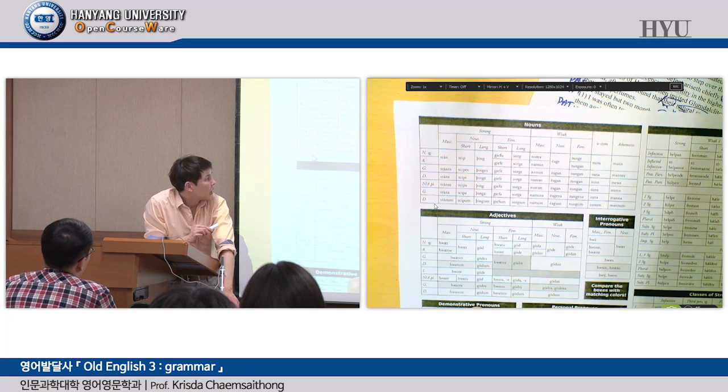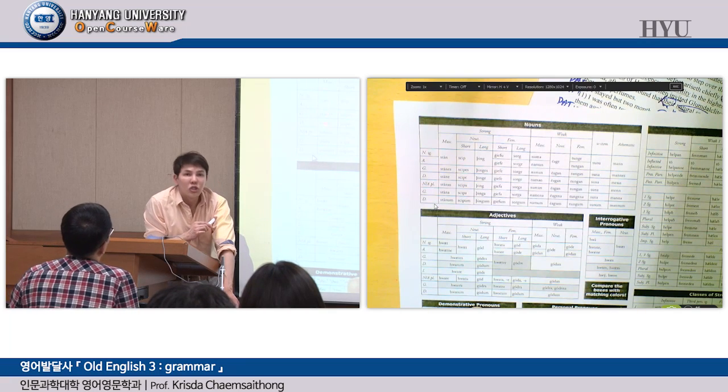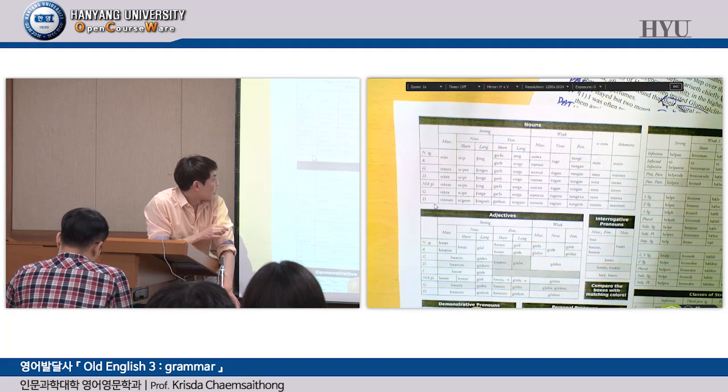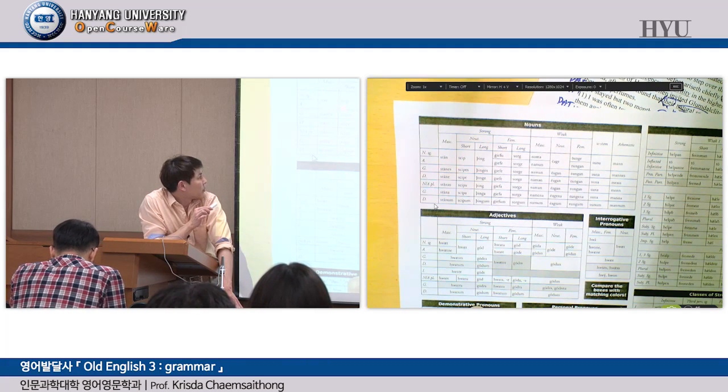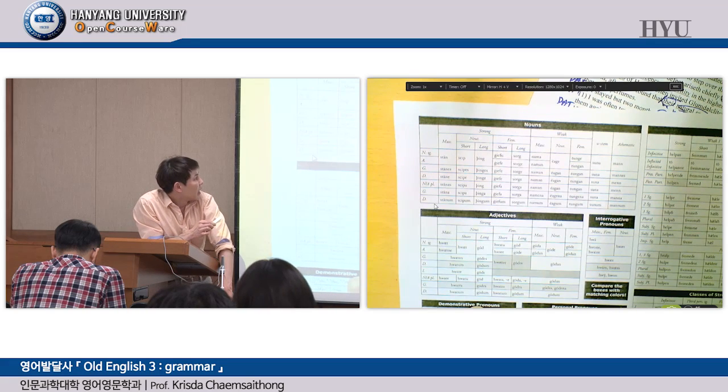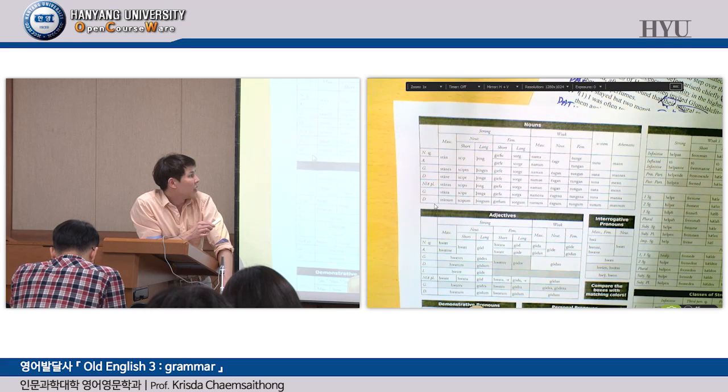Examples of nouns here. Like the first one, stan, is stone. The second word, scip, sc is pronounced sh, right? In Old English, ship. The next one is thing, the word thing. I have 2 things, I have 3 things. Next one is giefu, which is gift, right? Next one, sorg. Sorg is sorrow. Weak nouns, for example, nama. Nama is name, your name.